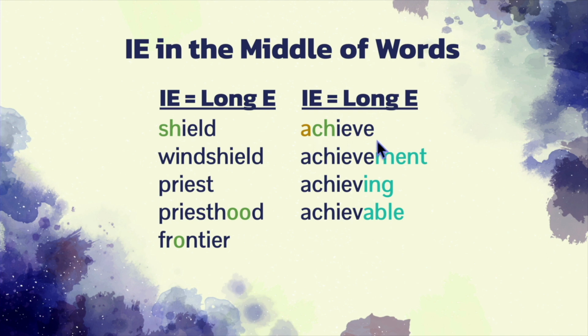So here's our root, achieve. We can add suffixes to the end. Achievement, achieving. Notice that when you add a suffix that starts with a vowel, you drop the E. And achievable. While this by itself is the word able, as a suffix, it's pronounced more like uhble. So we have achievable, where once again the E got dropped because the suffix starts with an A.